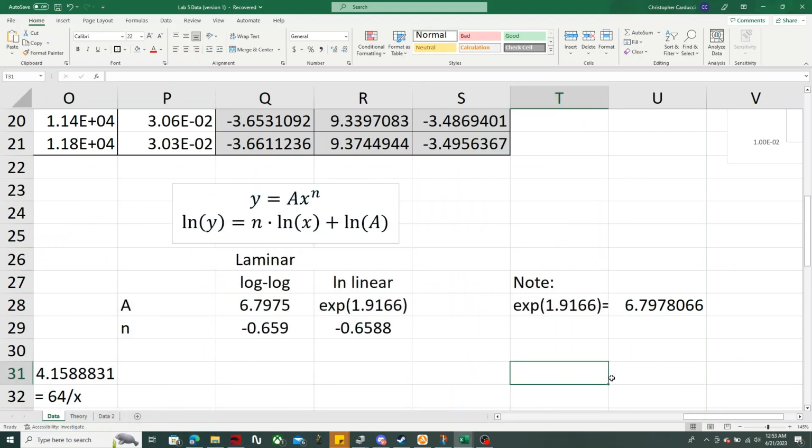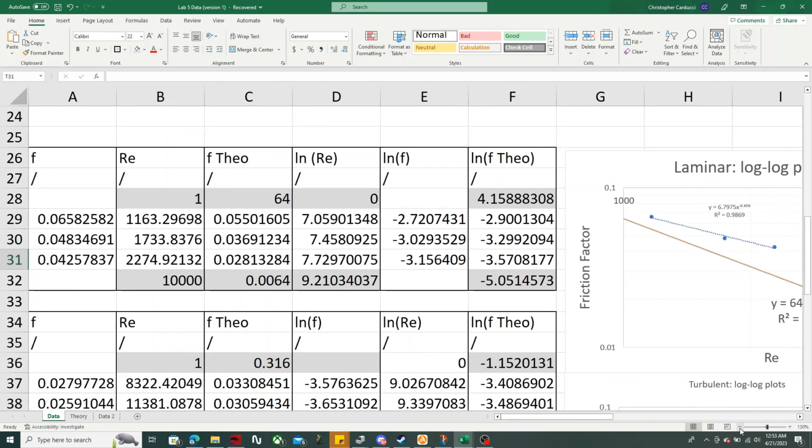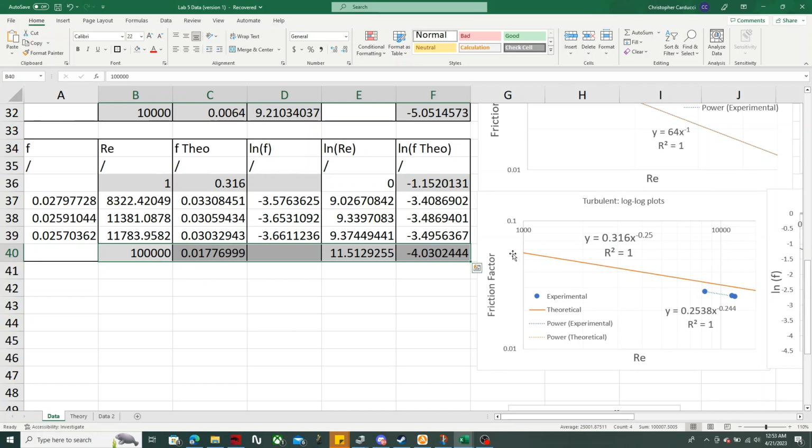So again, let's look at the turbulent flow. Let me zoom out a little bit. So the bottom row here is my turbulent values. Once again, I might have rearranged it just where I have increasing Reynolds number. I put these rows up top just to overextend my theoretical trend lines just so I could see everything.